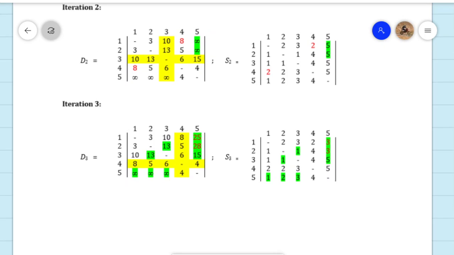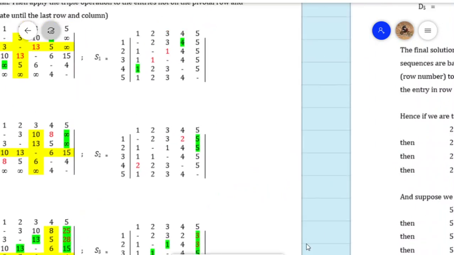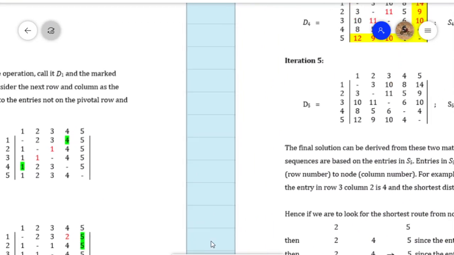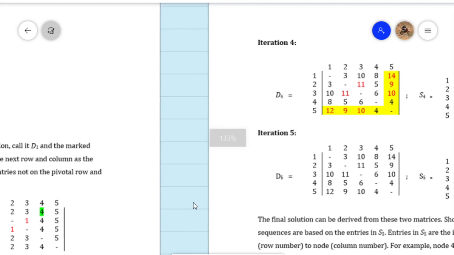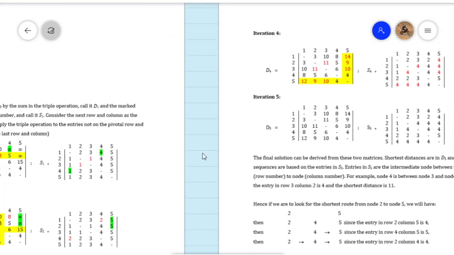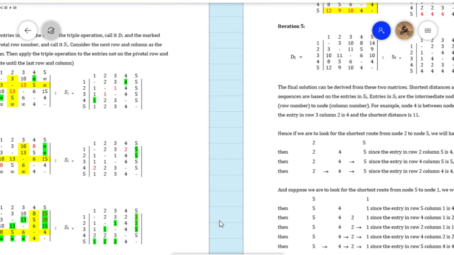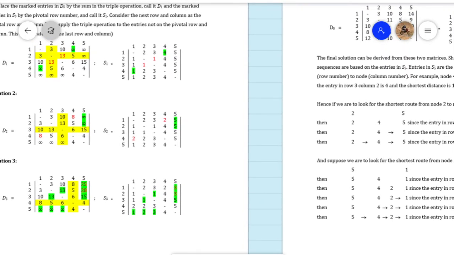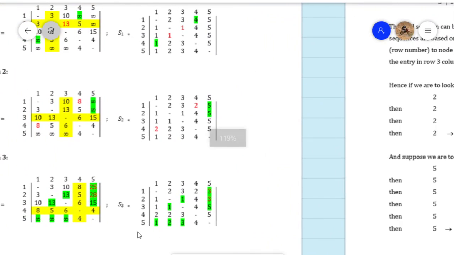So we have D sub 4. Okay. So again, for D sub 4, simply copy D sub 3. But this time replace the entries that we have marked. So for example, this will become 12. 25 becomes 12, 13 becomes 11, 28 becomes 9, 13 becomes 11, and so on.